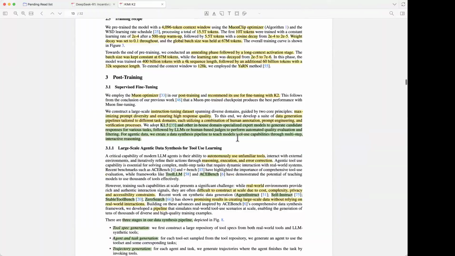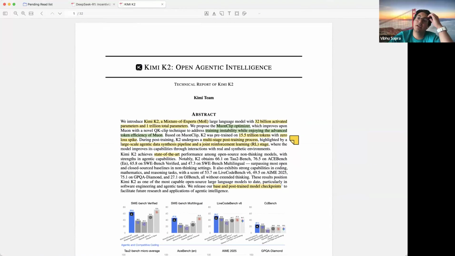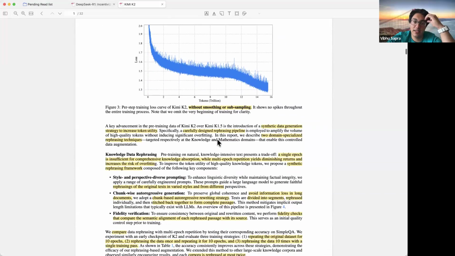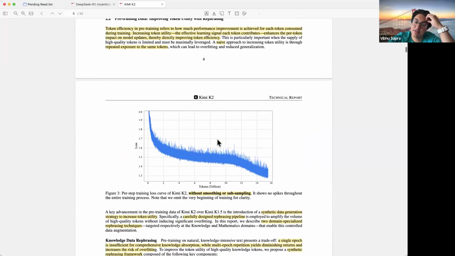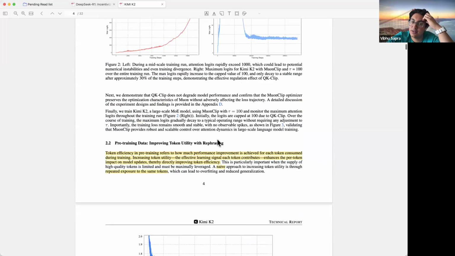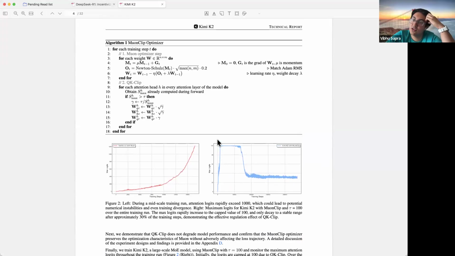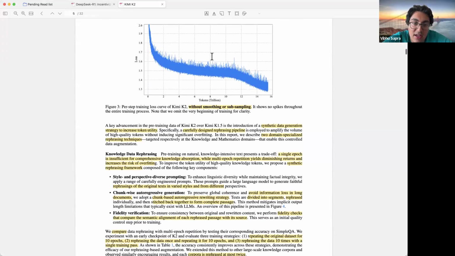It's quite a dense paper, lots of stuff to go through. I think their MuonClip stuff is pretty interesting, but there are only a few takeaways, right? They do some cool scaling laws. Basically, they do individual attention head level clipping in the optimization, and that leads to really cool scaling.